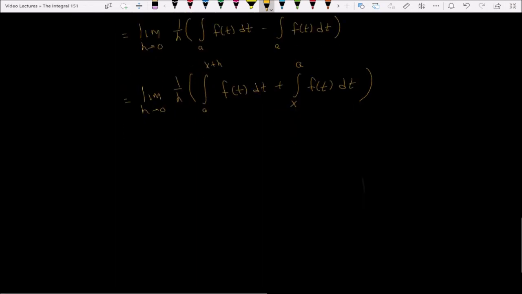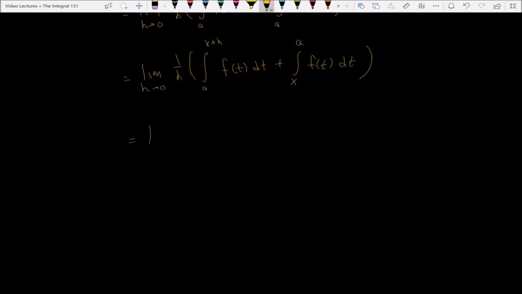Again, using properties of integration, we can now write that sum as the integral from x to x plus h f of t dt.